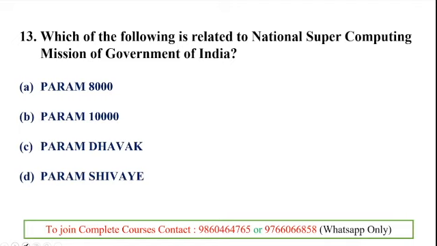Next one, which of the following is related to the National Supercomputing Mission of the Government of India? You know these names, they are very familiar, and the one that is Param Shivai is related with the National Supercomputing Mission of the Government of India.